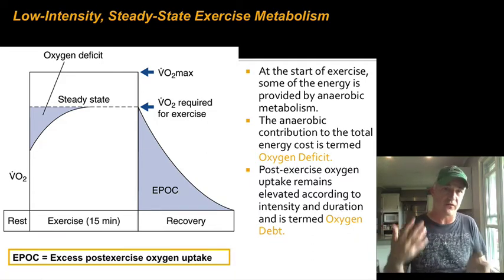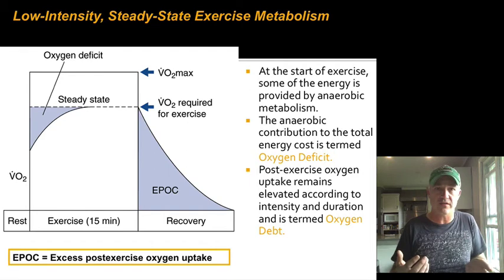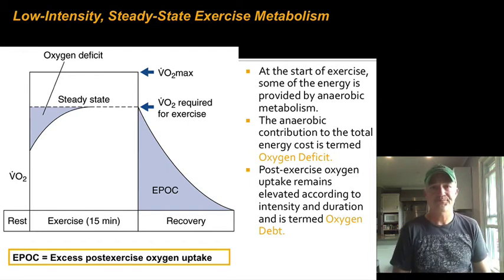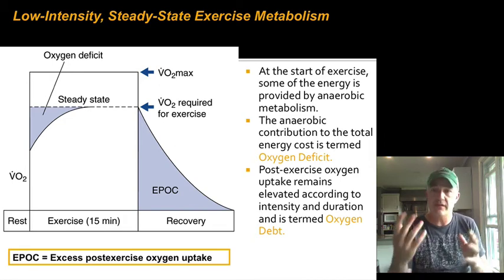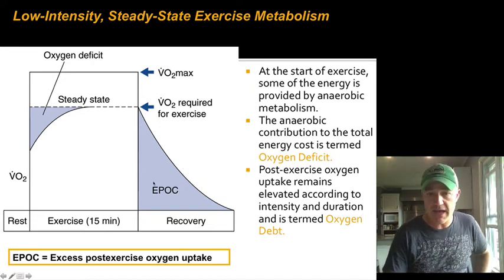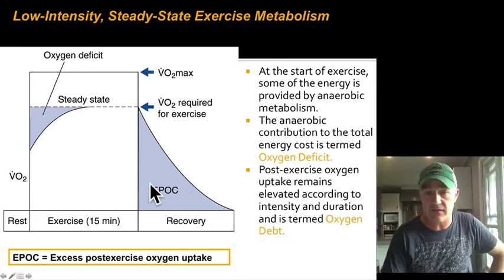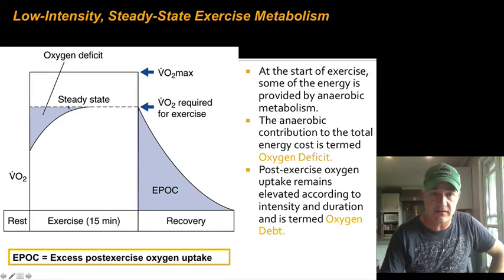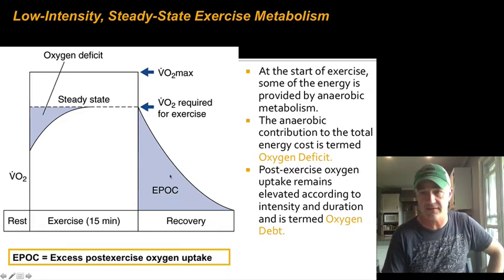If anybody's gone for a run, you know when you get done, you don't just get done and go back to normal breathing. After you get finished, you're breathing a little bit more. That is that oxygen debt, and what you're paying back through that excess post-exercise oxygen uptake is that oxygen deficit.